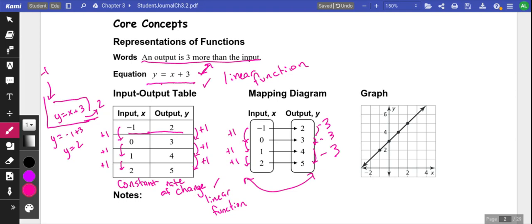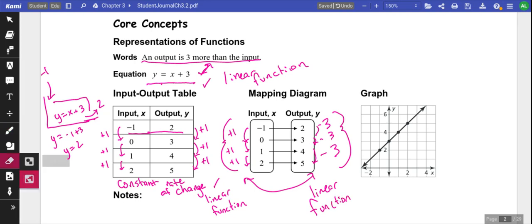As long as all the inputs change by the same amount and all the outputs change by the same amount, it is a linear function. Let me go ahead and get rid of those negative 3's. Obviously, we didn't subtract 3. I just wanted to show you it doesn't have to be the same on both sides.